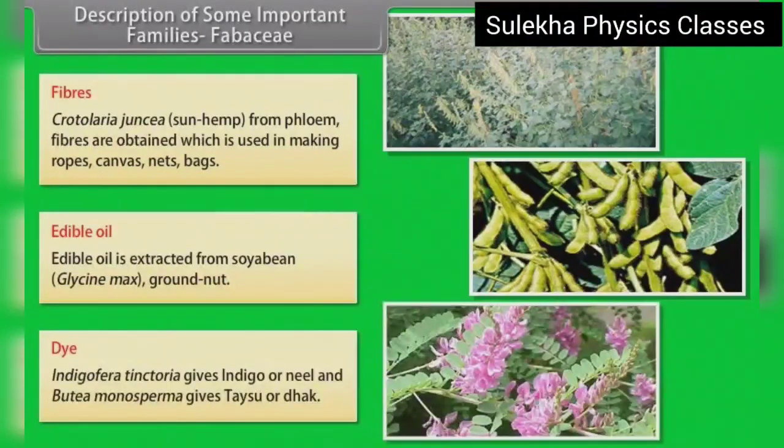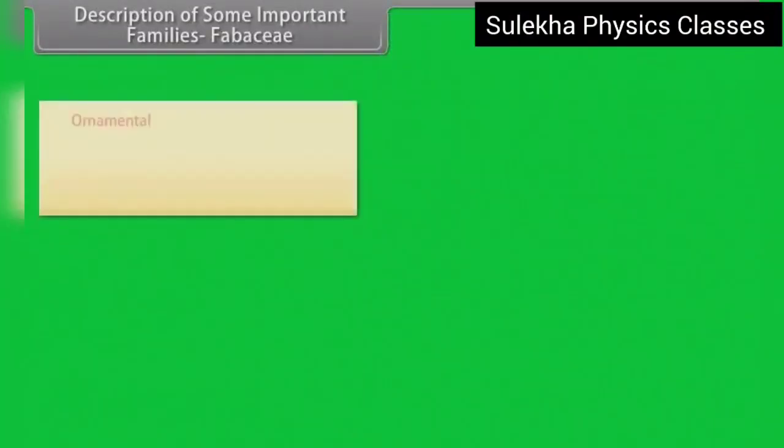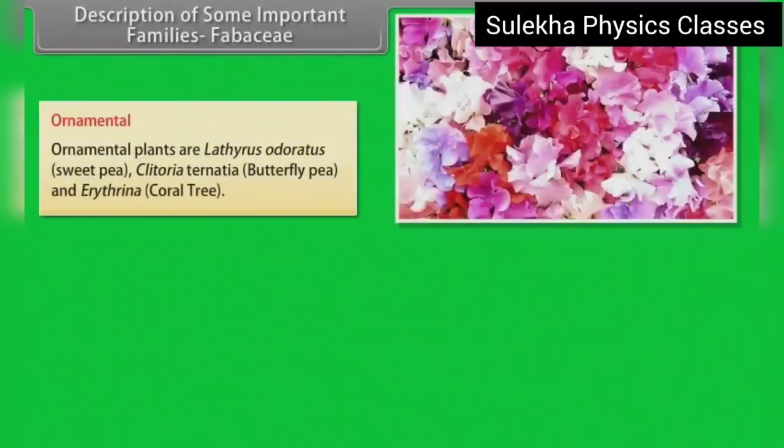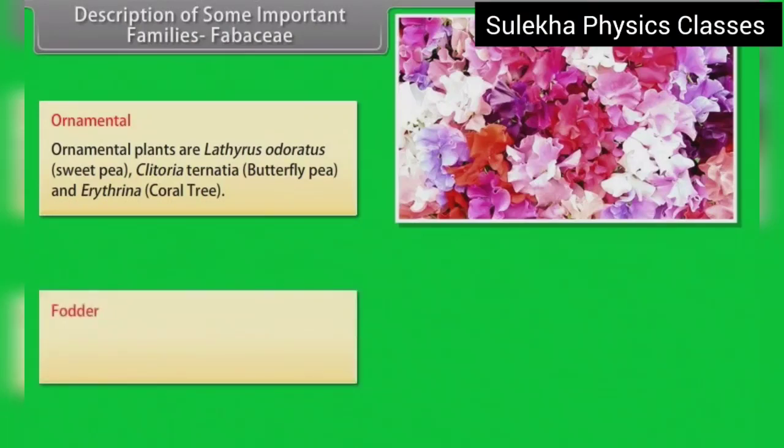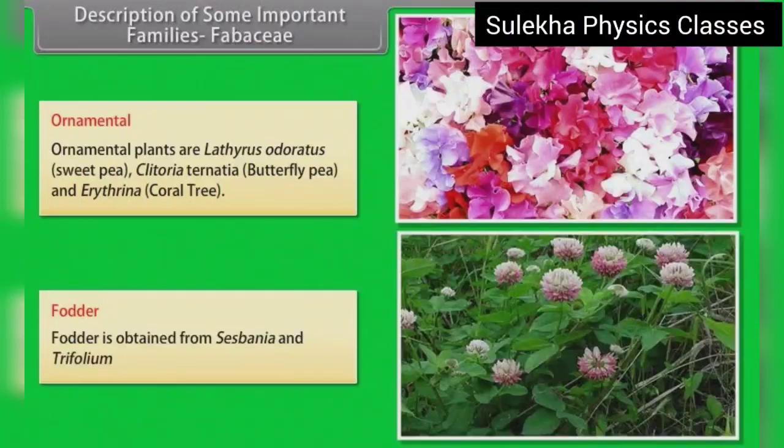Indigofera tinctoria gives indigo or neel, and Butea monosperma gives tesu or dhak. Ornamental. Ornamental plants are Lathyrus odoratus, sweet pea, Clitoria ternatea, butterfly pea, and Erythrina, coral tree. Fodder. Fodder is obtained from Sesbania and Trifolium.